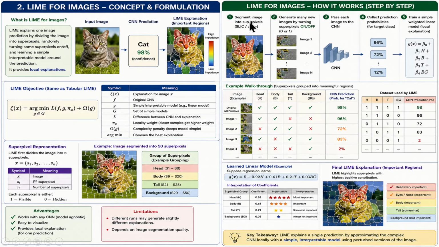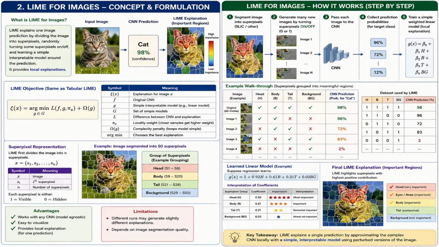Step number 1, it segments images into superpixels and then generates many new images by turning superpixels on and off. This process, as you know, is called perturbing. So it perturbs and creates several images having these superpixels on and off, and we pass all of these to the complicated black box model, which is a CNN in this case, because CNN is a model useful for working with images.